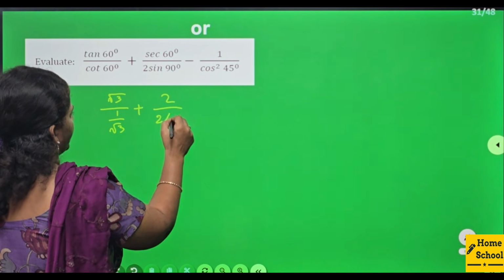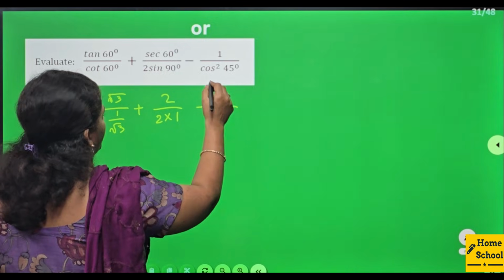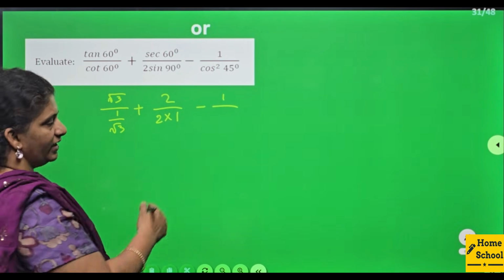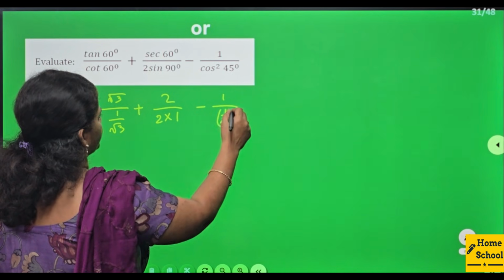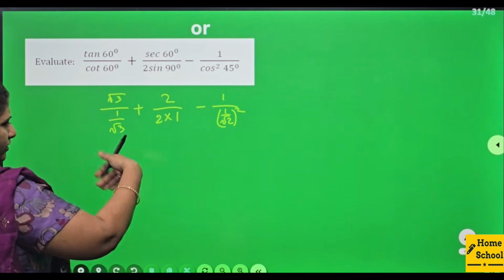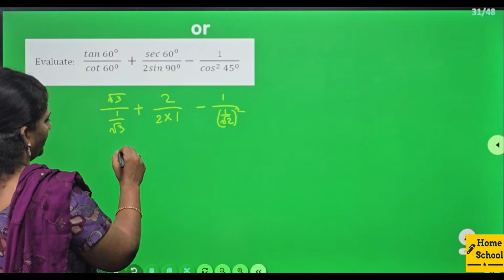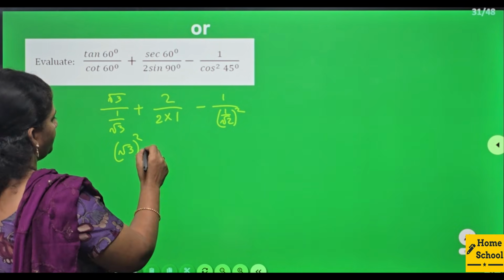2 into sin 90, whose value is 1, minus 1 by cos² 45°. What is cos 45? 1 by root 2. Square means whole square. This 1 by root 3, do reciprocal and multiply. That will become root 3 into root 3, which will be root 3 whole square.